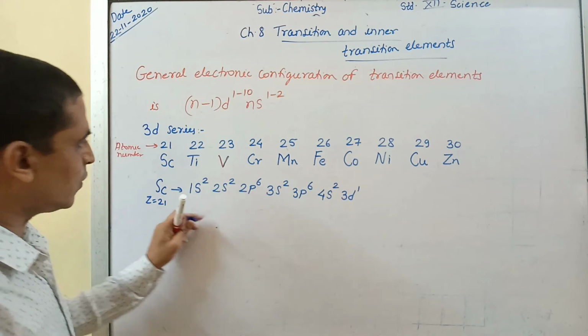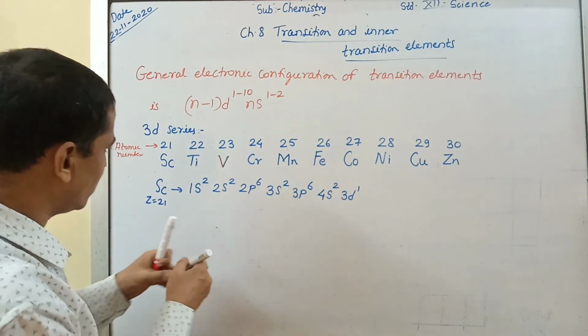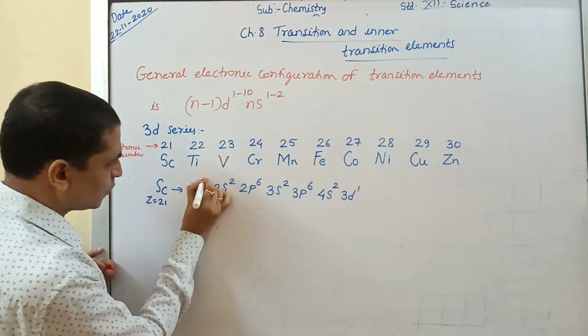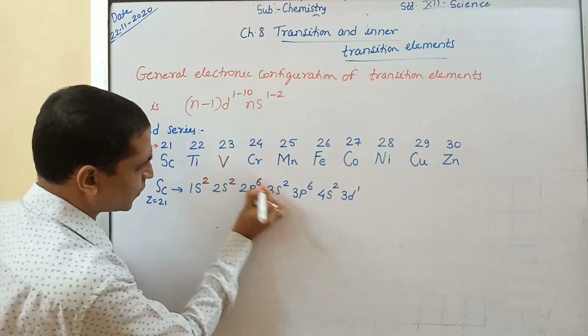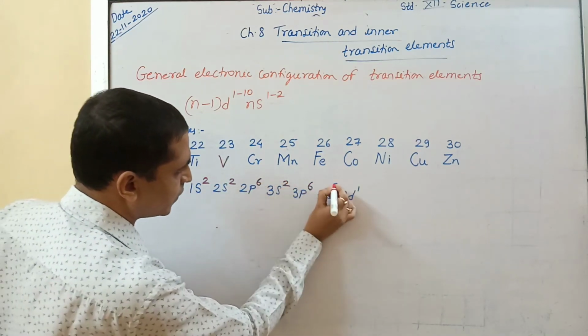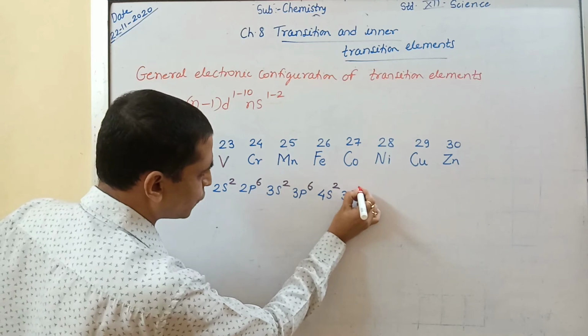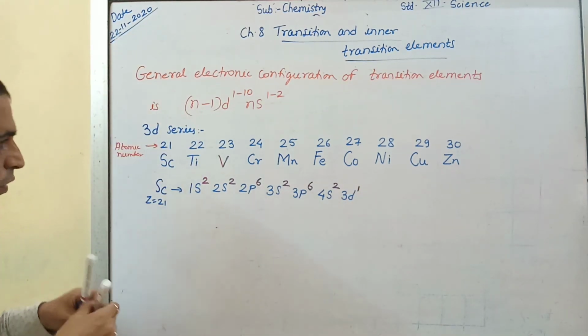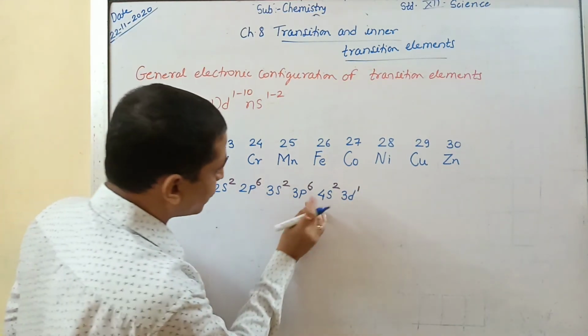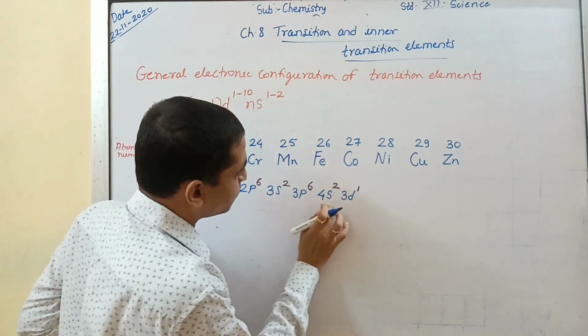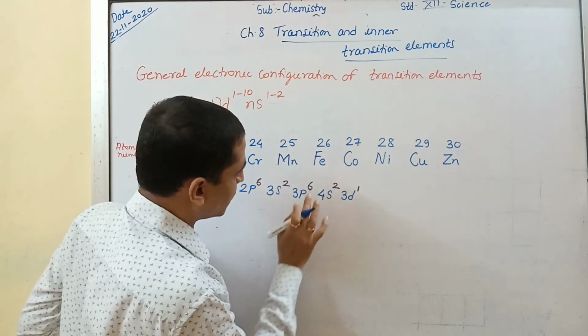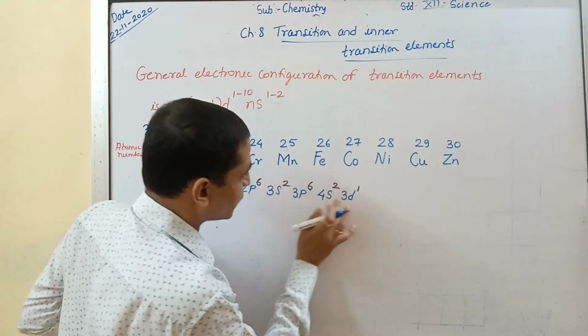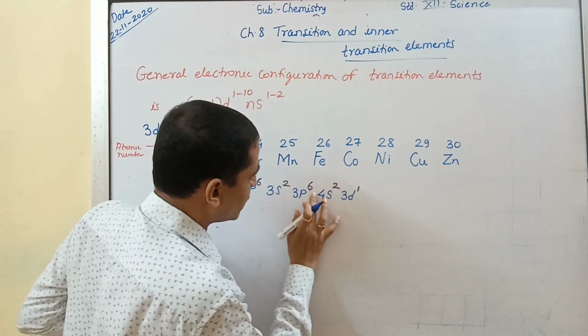This is the order for filling electrons. See here, 2, 2, 4, 10, 12, 18, 20, 21. Now, this is the order for filling electrons in a particular subshell, but in order to write the proper electronic configuration, you can write it in sequence.